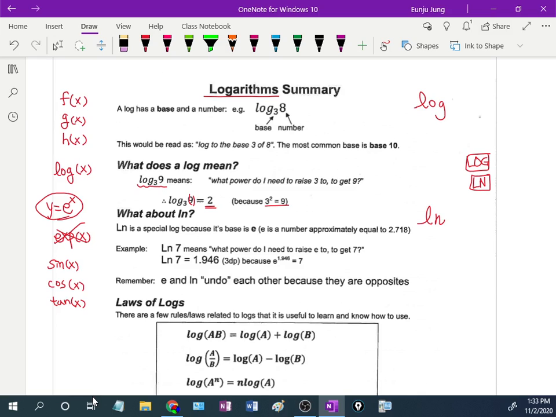So you can understand taking e and ln, they are inverse to each other. So it is an undo process. They are canceling each other, or they are opposite to each other. They are reversing the process of each other. So it is an undo process.